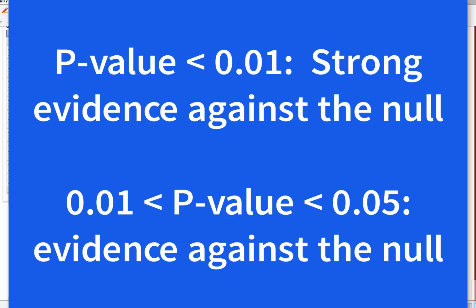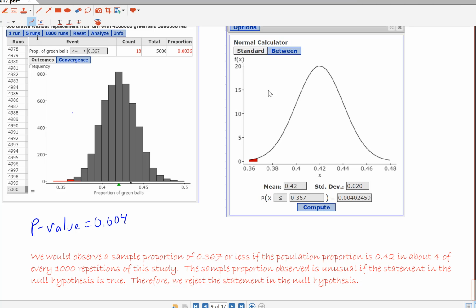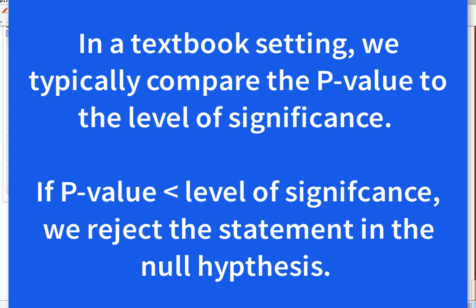For p-values between 0.01 and 0.05, you say evidence against the null, and maybe for 0.05 to 0.1, they might say moderate evidence. Typically, so that we all get the same answer in a book setting, in a classroom setting, we compare the p-value to the level of significance. And if the p-value is less than the level of significance, we reject. If it's not, we don't.